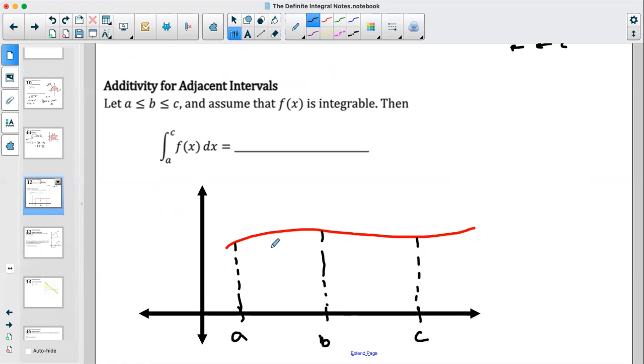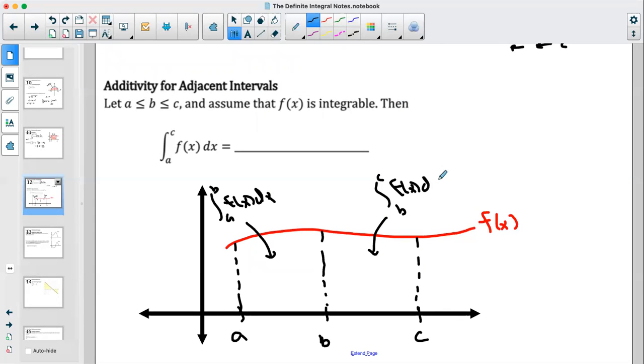Let's say this curve is called f of x. This area right here is the integral from a to b of f of x dx. This area right here is just from b to c now. The integral from b to c of f of x dx.